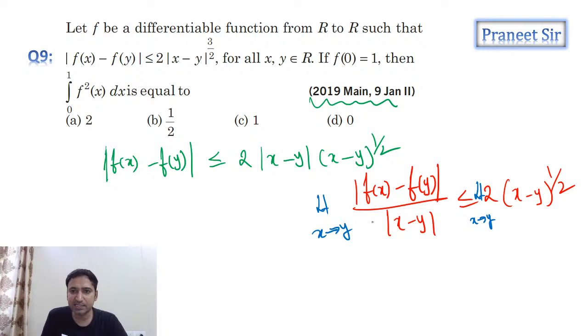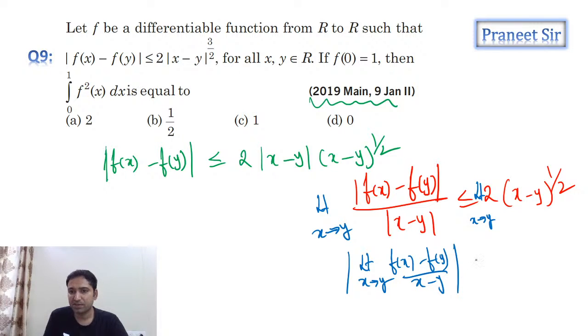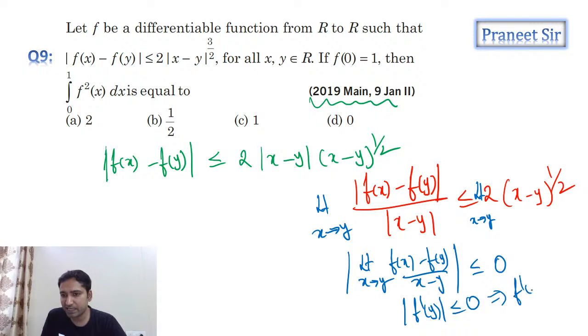If you apply x tending to y, on the left hand side we get mod of limit x tending to y, f of x minus f of y by x minus y, which is less than or equal to, if you apply the limits, 0. This is nothing but mod f dash y less than or equal to 0, but modulus will never be negative, so it should be 0. So compulsorily f dash y is 0.